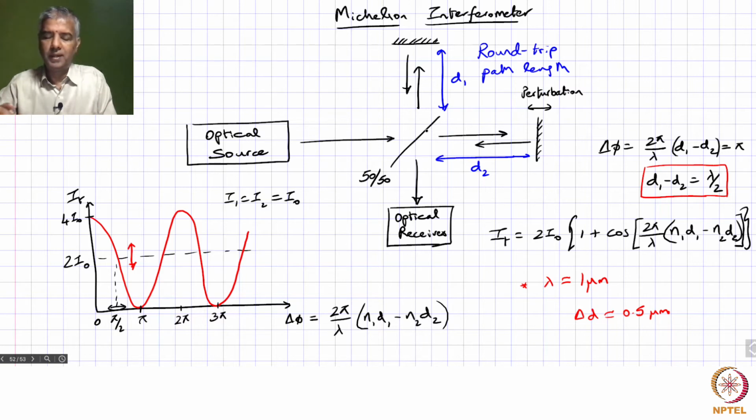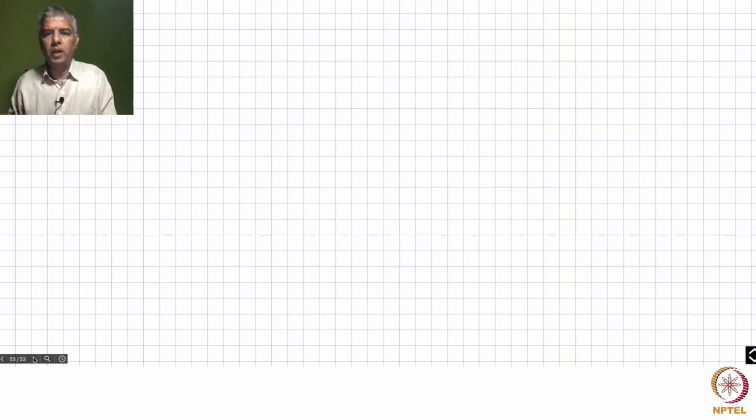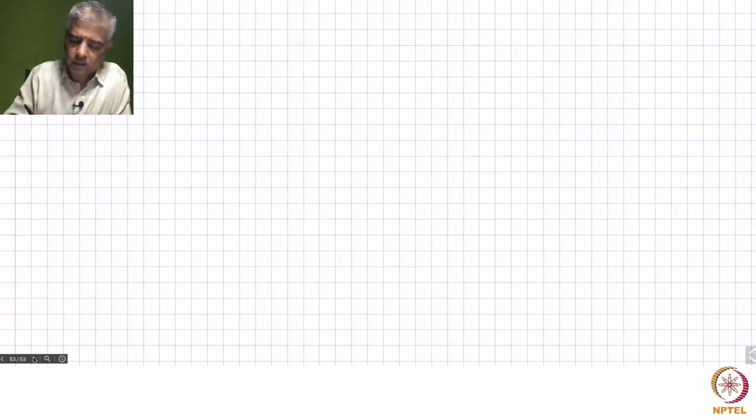That puts a lot of constraints on the setup, to the point that if you were to build a practical on-field sensor, it's going to be extremely challenging to do that in a reliable manner. So that could potentially be addressed by going to an all fiber interferometer. So that's what we'll check next.